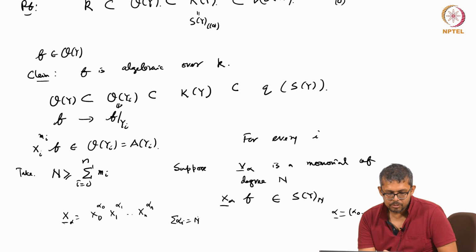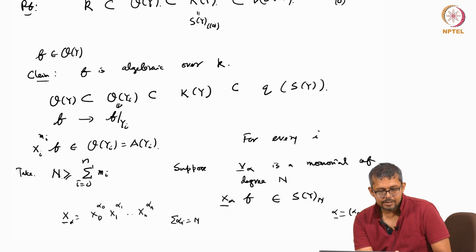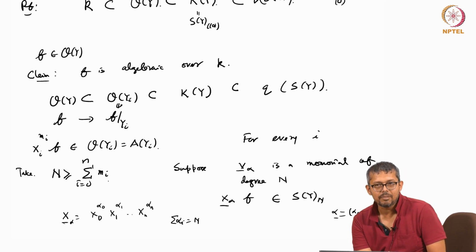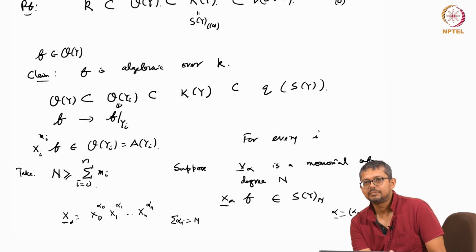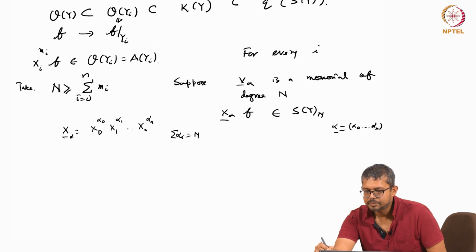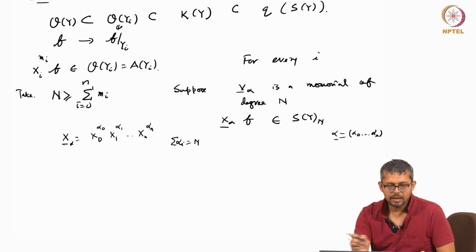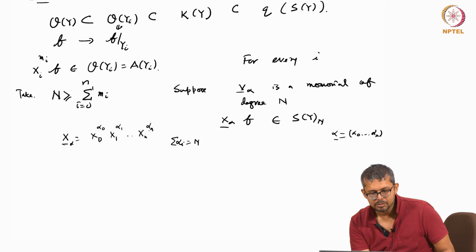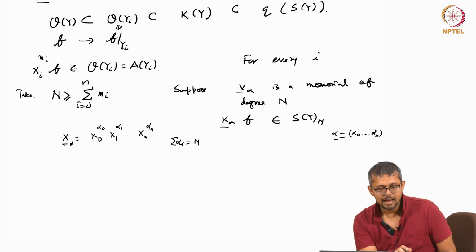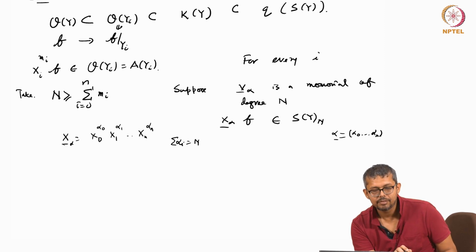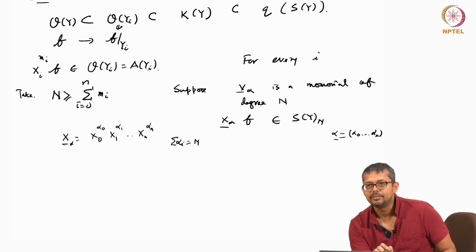Now you see, since n is greater than or equal to the summation of m_i, one of these alpha_i is greater than or equal to m_i. See, if one of these is greater than m_i, then x^alpha times f will be in A_{Y_i}.